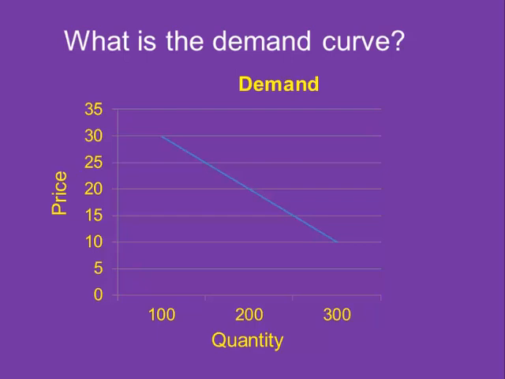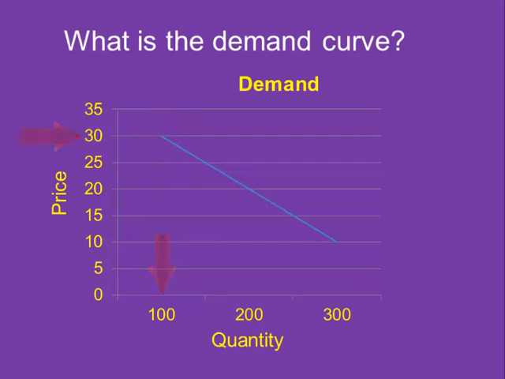The way that you read it is, for example, let's say that at $30, how many units or quantity or widgets or what have you would you be selling? Well, it's very simple. You look at the price 30 and then look down to see what your demand would be, which would be 100. You could repeat this process also for $20.